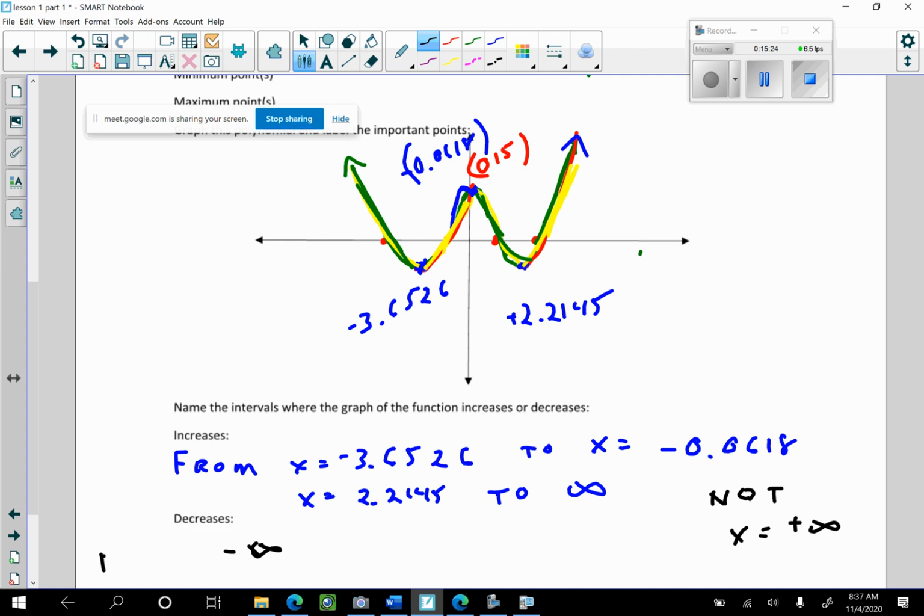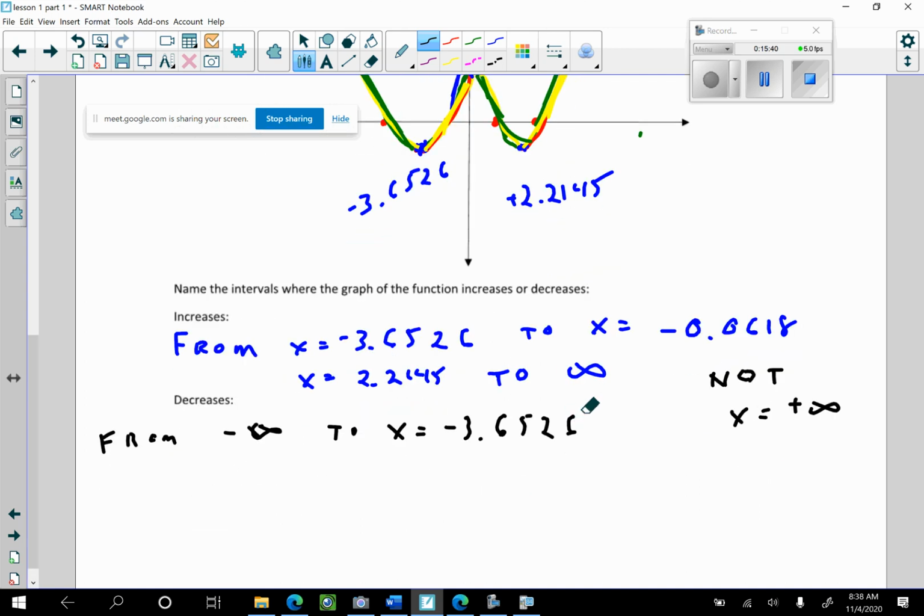So you go from negative infinity to this guy right here, x equals negative 3.6526. And where else does it decrease? From x equals negative 0.0618 to x equals 2.2145. Okay?